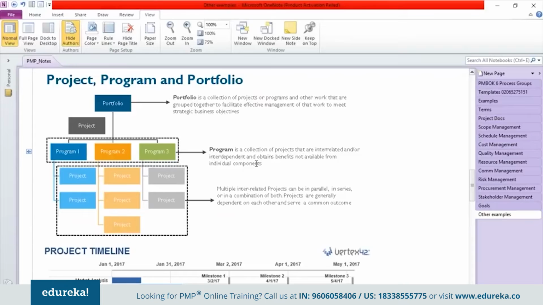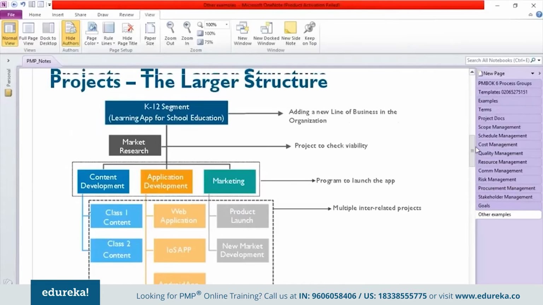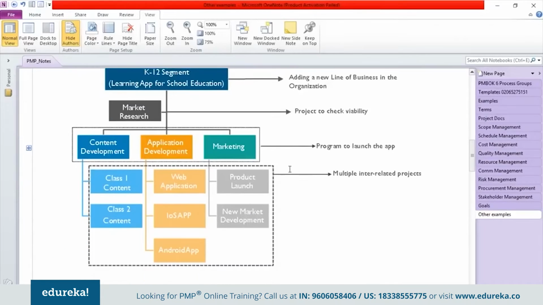So I can see there is one question over here. And this question is from Swati, and she's trying to clarify about the portfolio. All right. So let me just repeat what is portfolio. As I mentioned in this above example, the company is now going to venture into a new portfolio of education. And under that education portfolio, they are trying to launch various programs through which they can introduce this learning app for school education.